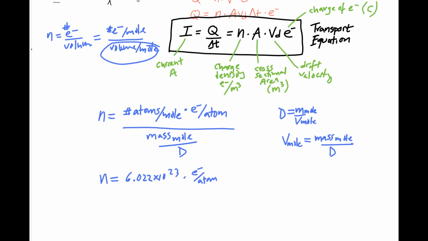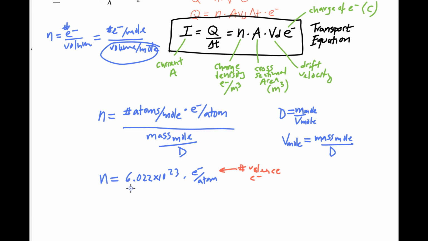Sometimes it could have to do with the number of valence electrons that are available. It should be specified in the problem, or you should be told somehow if all the valence electrons will be free, or if just one electron will be free per atom.